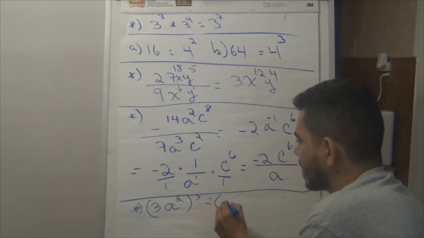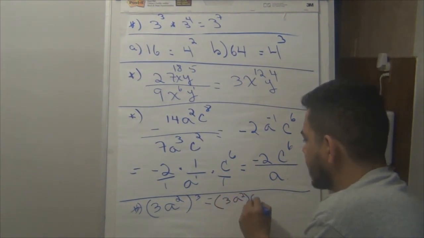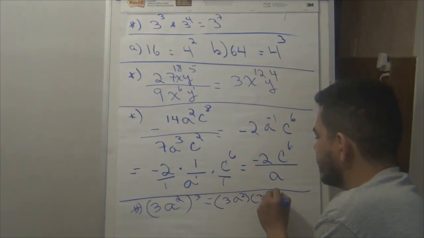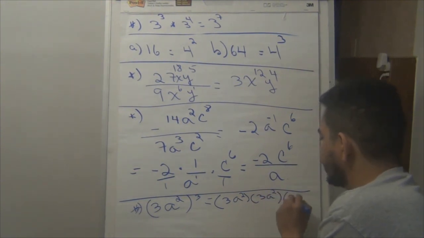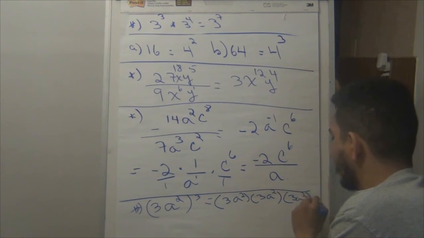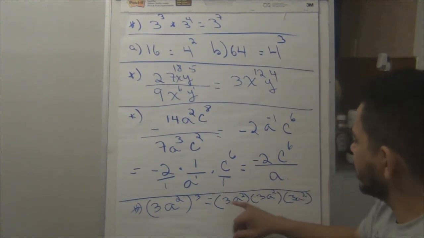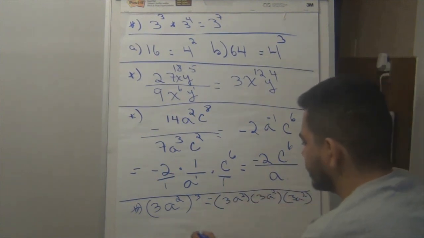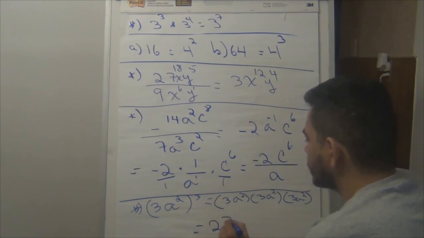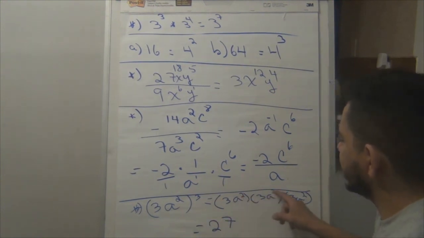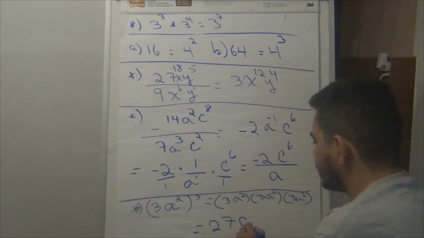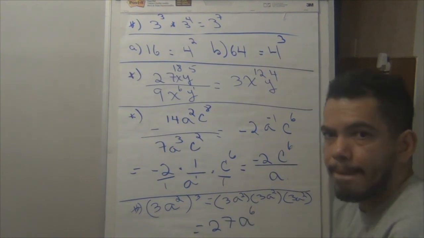So this is nothing more than 3a to the second times 3a to the second times 3a to the second. So 3 times 3 times 3 is 27. A to the second, a to the second, a to the second, that's a to the 6th.